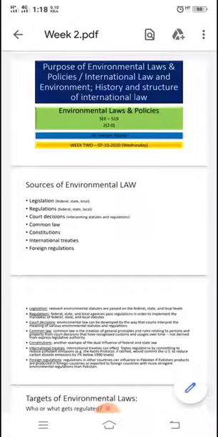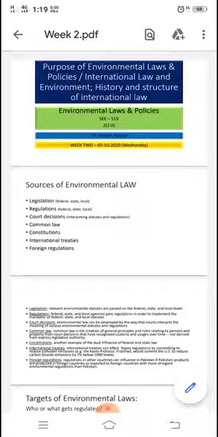In our last lecture, we tried to understand what are the basic components, what are the basic instruments for implementing our environmental law, and what are the processes, how these are actually being formed, and then how actually these are being implemented.